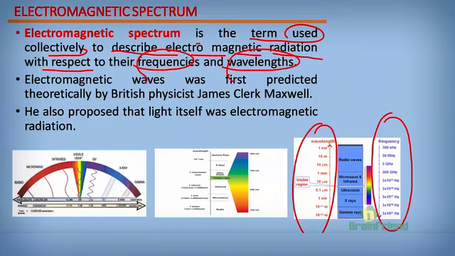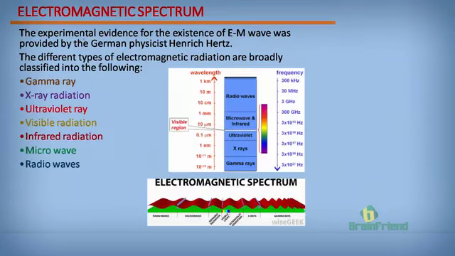Electromagnetic waves were first predicted theoretically by a British physicist, James Clerk Maxwell. He also proposed that light itself was electromagnetic radiation.